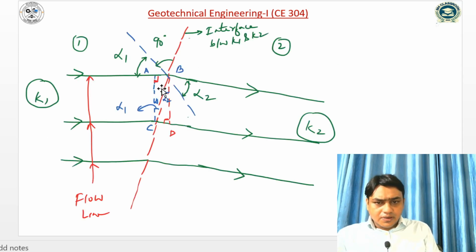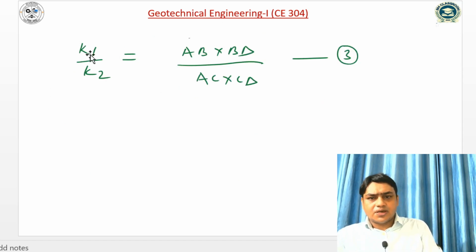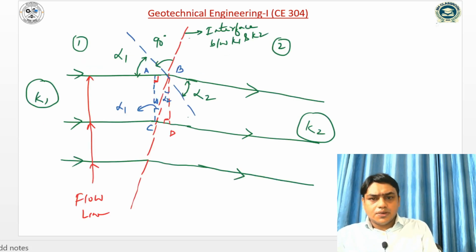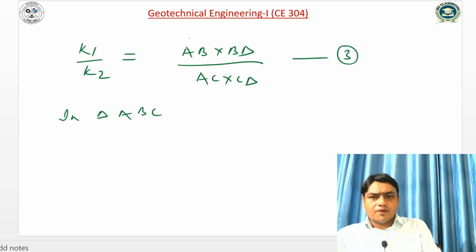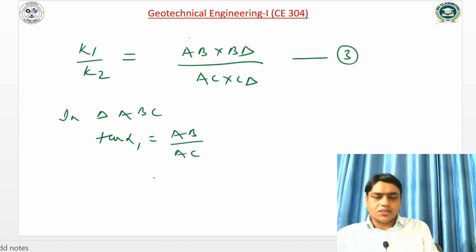In triangle ABC, tan alpha 1 is equal to AB by AC.